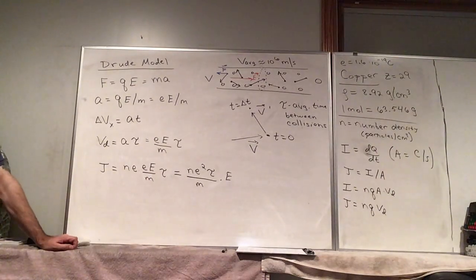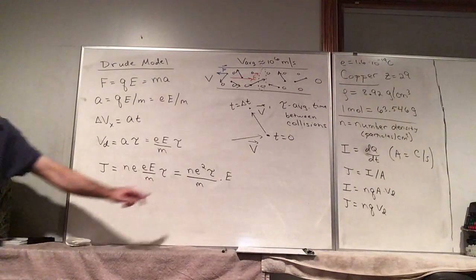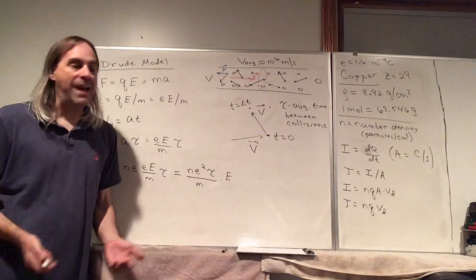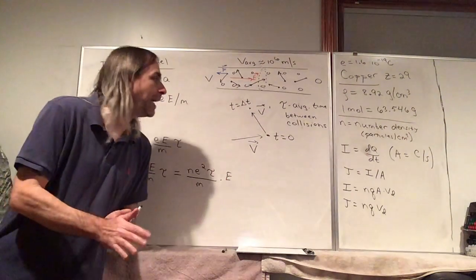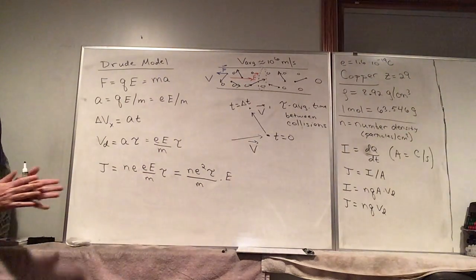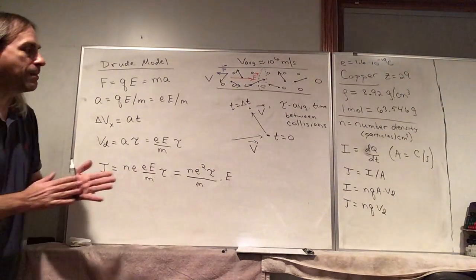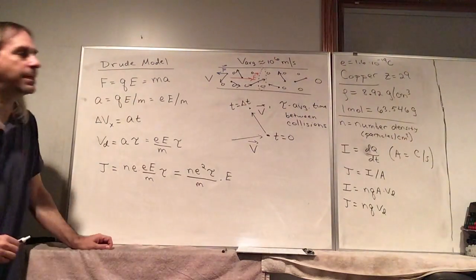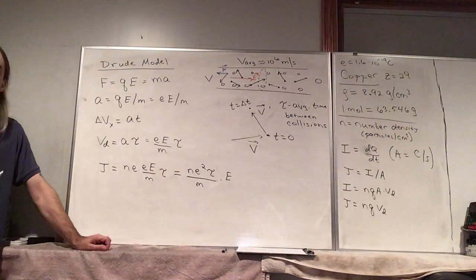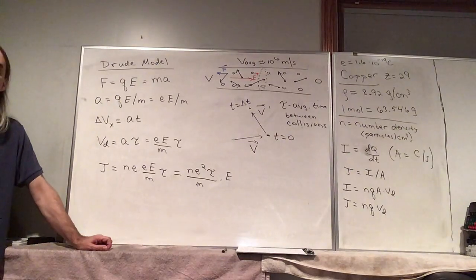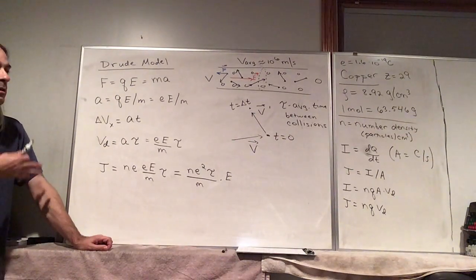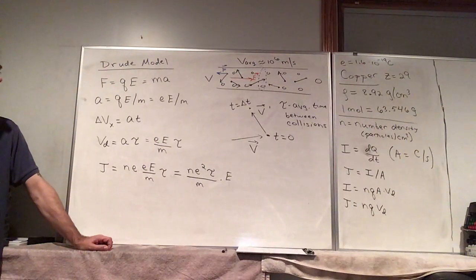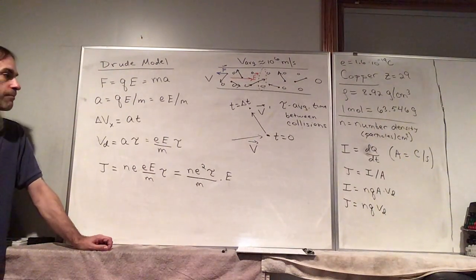That might seem surprising because you think if you have a stronger electric field, the particles are going to be moving faster, but that's not really the case. The time between collisions will not be affected. Remember, the velocity of these particles is around 10 to the 6 meters per second, where the drift velocity is actually comparable to what we did in our more primitive model, like 10 to the minus 4th or 10 to the minus 5th meters per second.